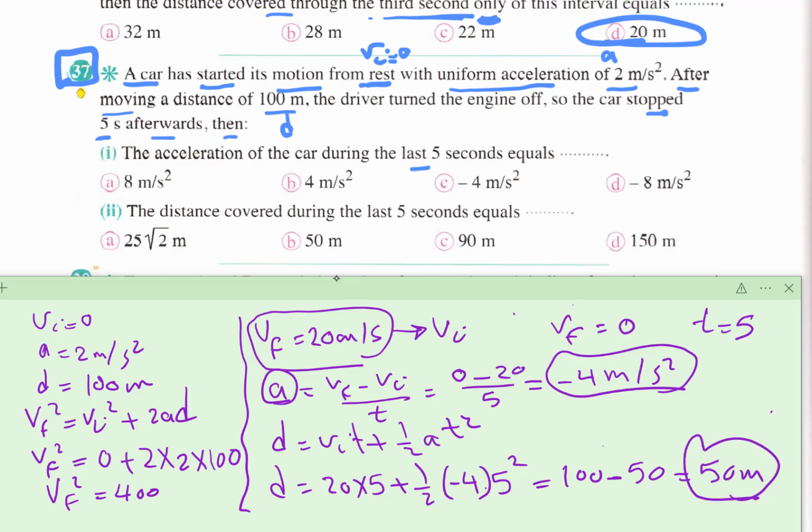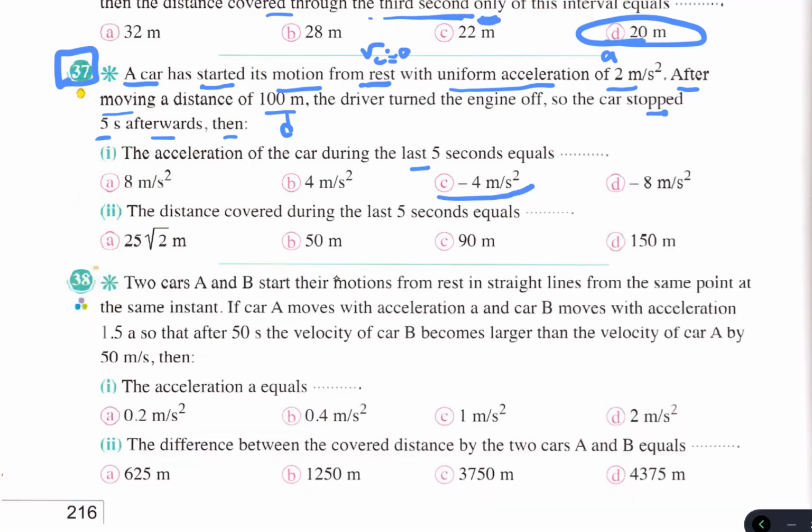Okay, guys? So he gives me the problem in 2 parts. We can get from the first part the V final, and it is V initial for the second part of motion. Got it? So the answer: negative 4 meters per second square and 50 meters.